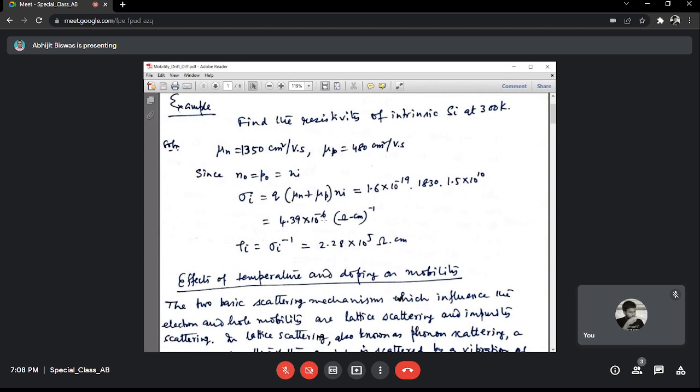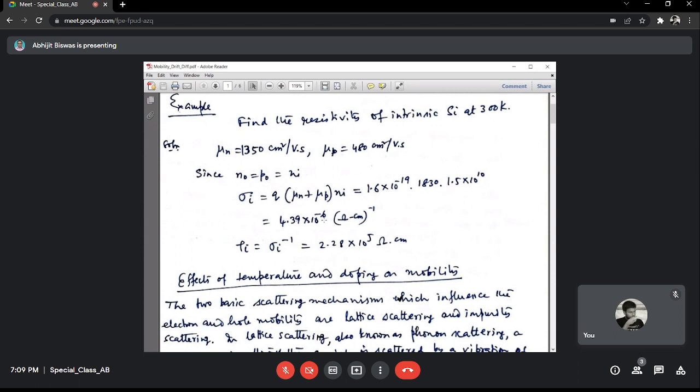So sigma i, the conductivity of intrinsic silicon, is equal to q, the elementary charge, times mu n plus mu p, times ni. So if you put in the different values of the quantities, you will get the conductivity approximately equal to 4.39 into 10 to the power minus 6 ohm centimeter inverse.